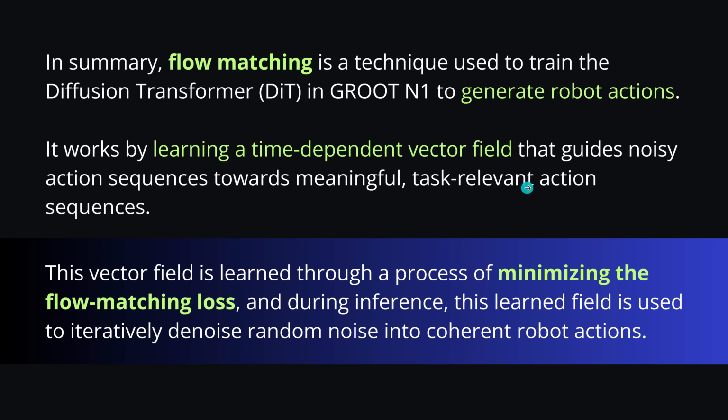So this vector field is learned through a process where, like any AI system, we have to minimize the loss function. And here the process is to minimize the flow matching loss function. And during the inference run, when we are time critical with 120 Hz, this learned field is used to iteratively denoise the random noise into coherent robot actions.